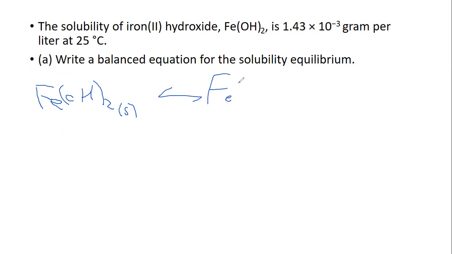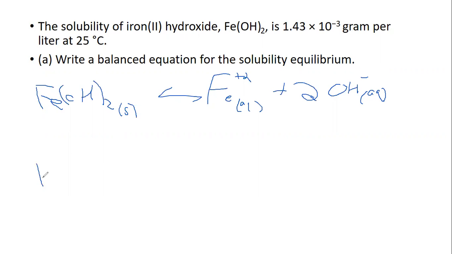So we get iron, which is +2, aqueous, and we get 2 hydroxides, and they're also both aqueous. So that is letter A. What's the balanced equation for the solubility? And then B wants to know the KSP equation, and then the value for KSP.